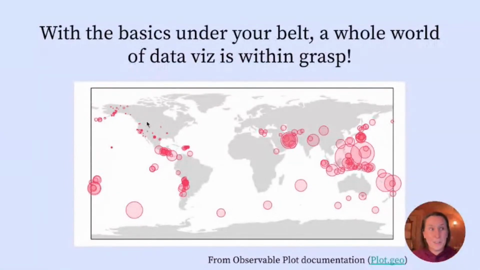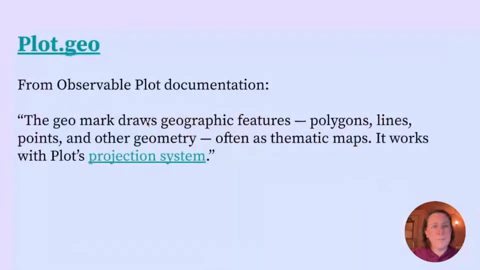And everything that you've learned so far, you can apply to creating and customizing maps or other chart types that you haven't even created yet, with some of these foundational skills and foundational knowledge for Plot. So we're going to be creating a map and thinking about how what we create in this map aligns with what we've already learned about Plot, because there's really only one very new thing that we're going to add, which is a projection.